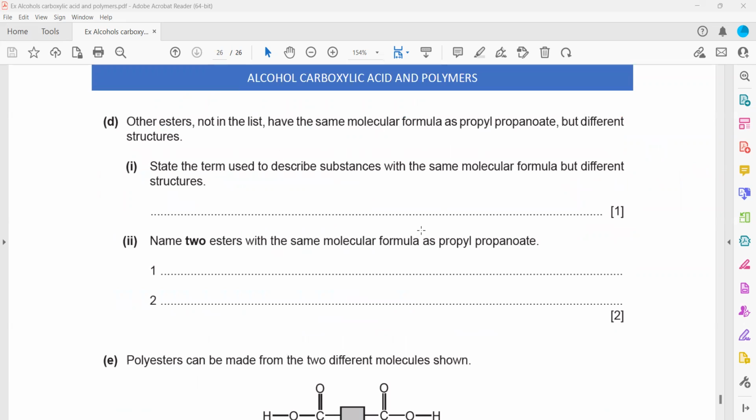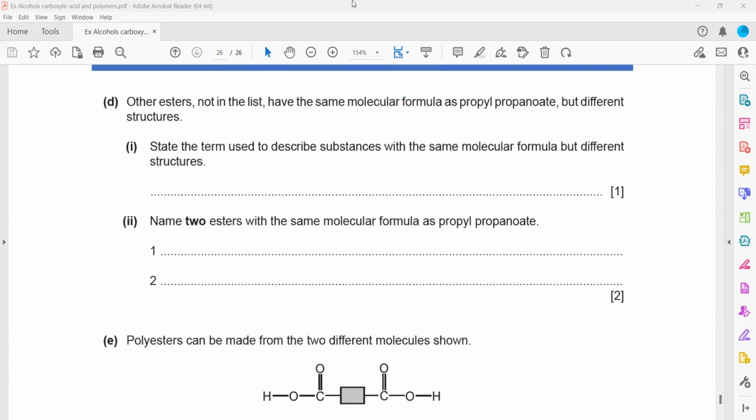Other esters not in the list have the same molecular formula as propyl propanoate. Propyl propanoate means 3 here and 3 here, total 6, but a different structure. State the term used to describe substances with the same molecular formula but different structures. Isomers. So we call them structural isomers. Good.